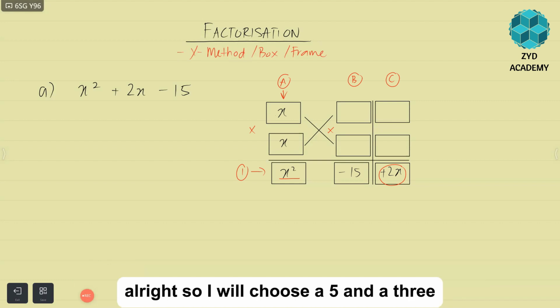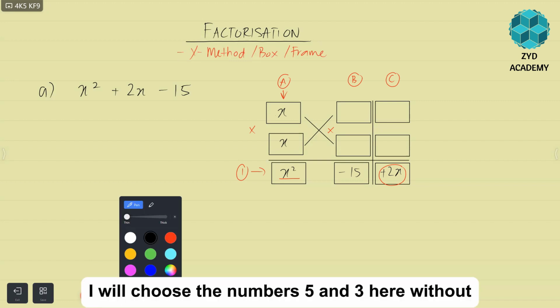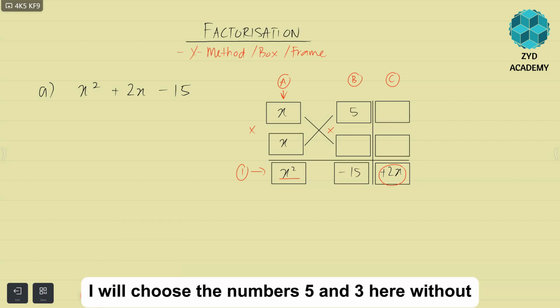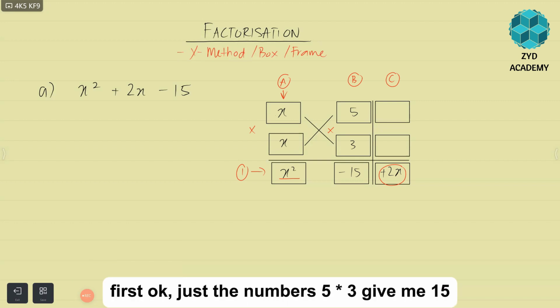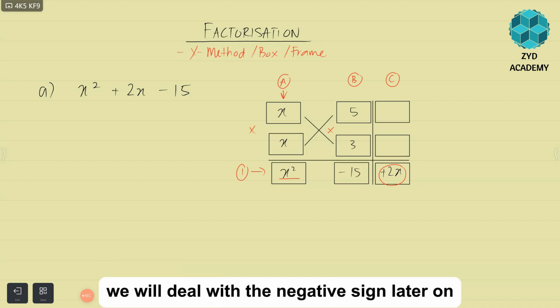All right, so I will choose a 5 and a 3. I'll choose the numbers 5 and 3 here without putting in the plus and minus sign first. Okay, just the numbers. 5 times 3 gives me 15, but we will deal with the negative sign later on.